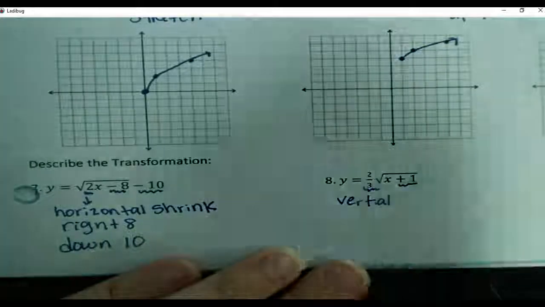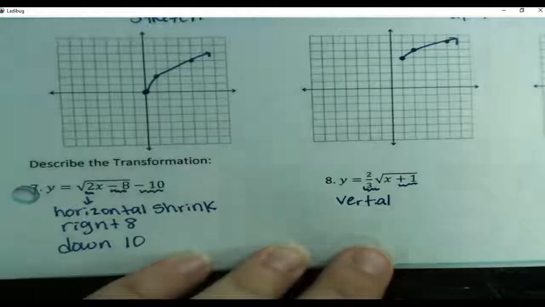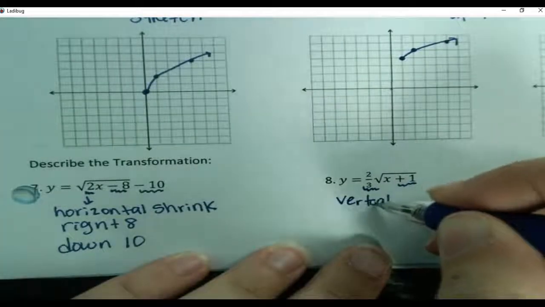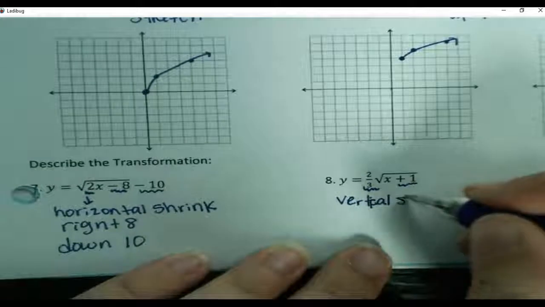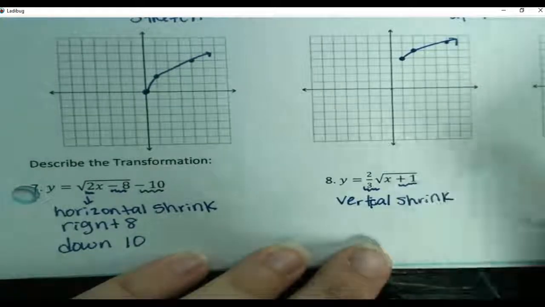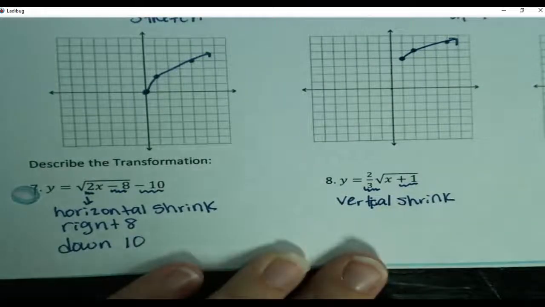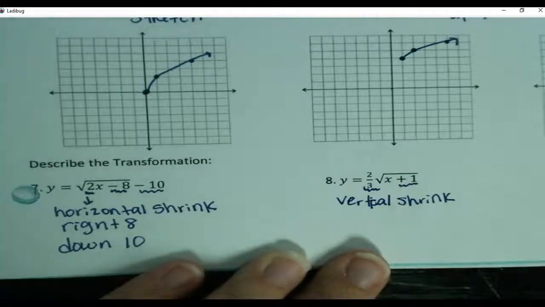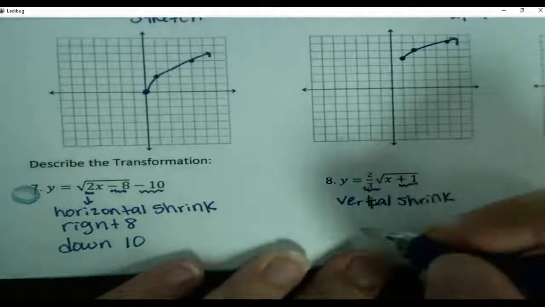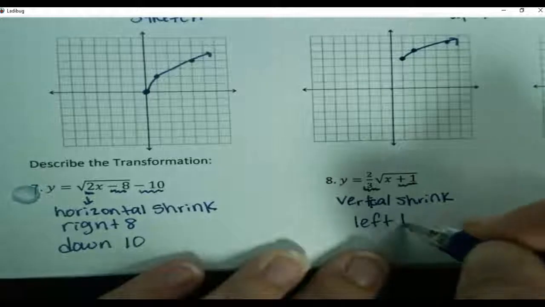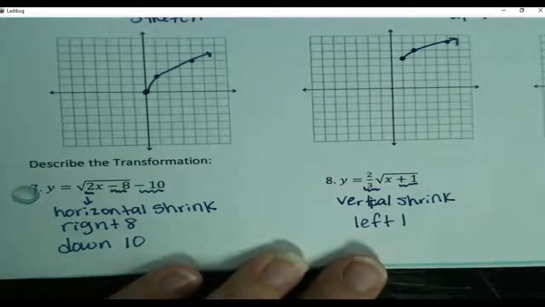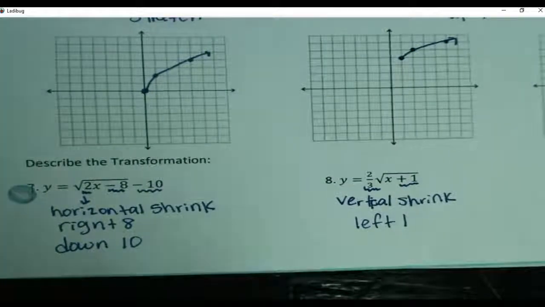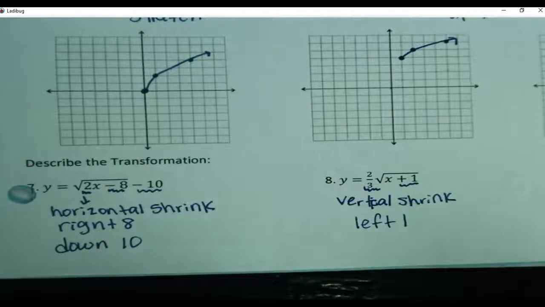Good. And then how does the +1 move it? Good. Left 1. Very good. Questions.